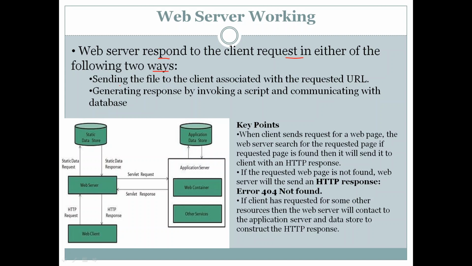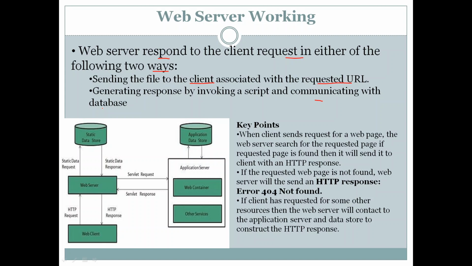First, sending the file related with the requested URL. Second, responding by invoking a script or database. So when a client sends a request, a web server may respond in two ways.